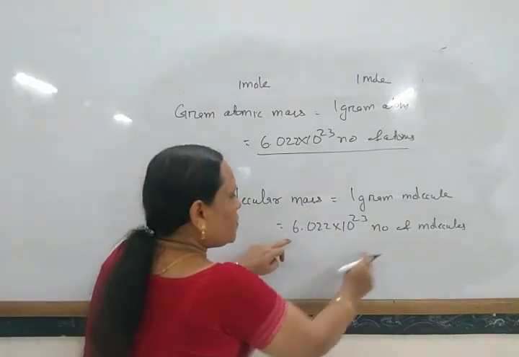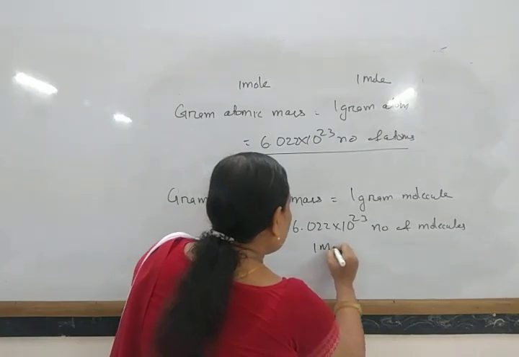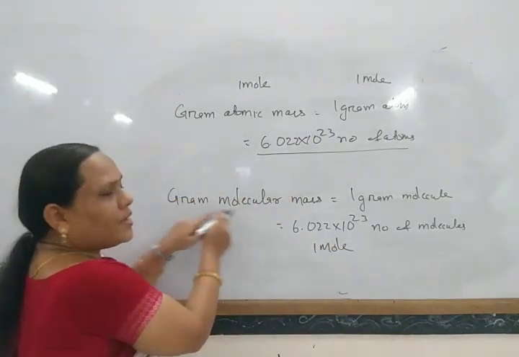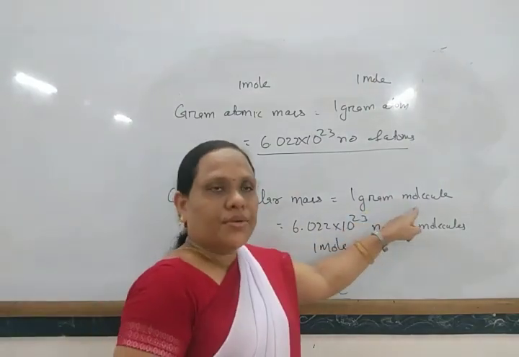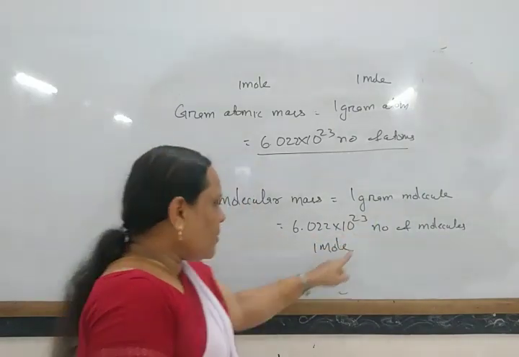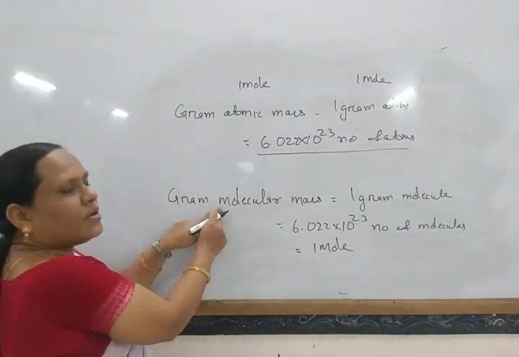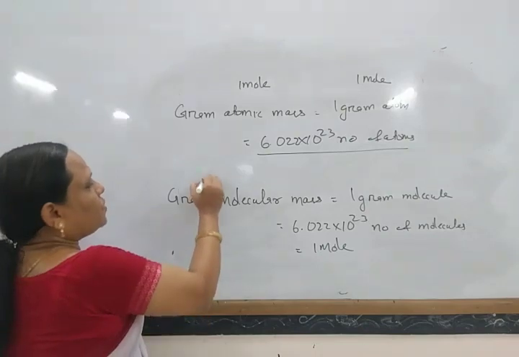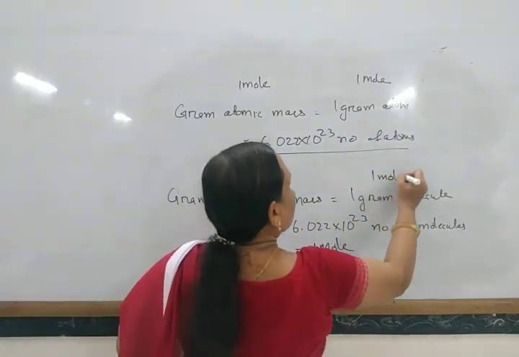And 6.02 × 10^23 molecules is equal to 1 mole. So gram molecular mass means 1 gram molecule, which means 6.02 × 10^23, that is, 1 mole. So 1 mole is equal to gram molecular mass.